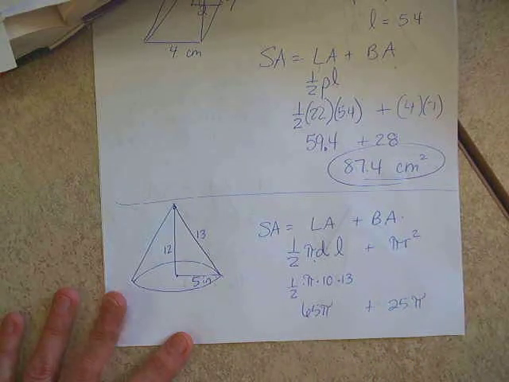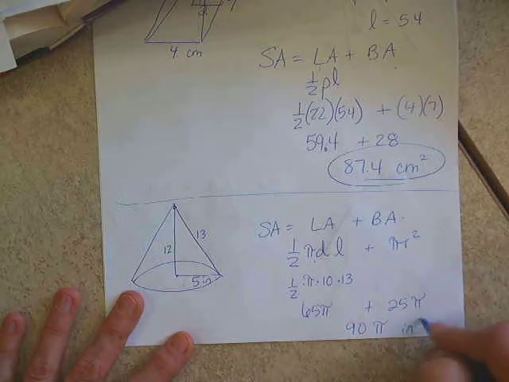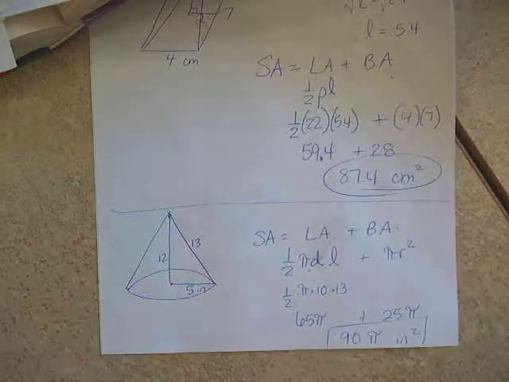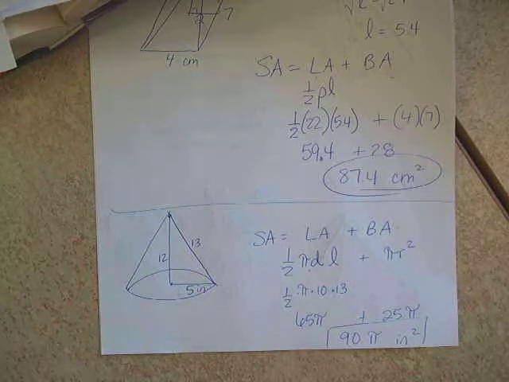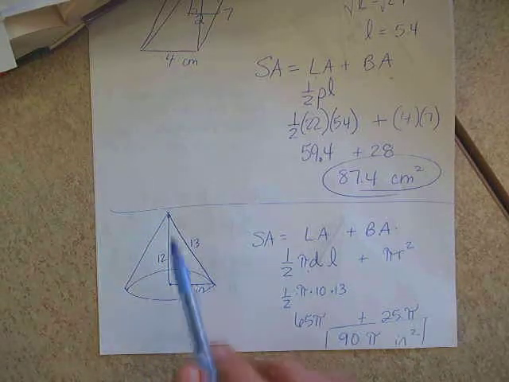Leave it in terms of pi so you can treat it like a variable. Pi r squared. R squared would be 5 squared, so plus 25 pi. And 65 plus 25 is 90 pi, and that's an area, so inches squared.